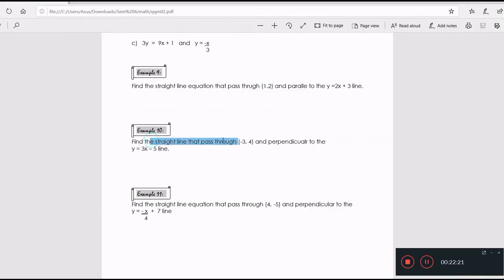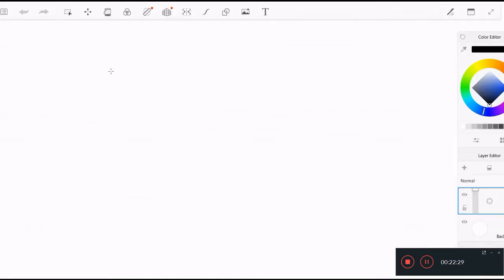Find the straight line that passes through (-3, 4) and is perpendicular to y equal to 3x minus 5. Do you still remember the formula for perpendicular lines? You have to determine the slope first. The formula is m1 times m2 equal to negative 1.